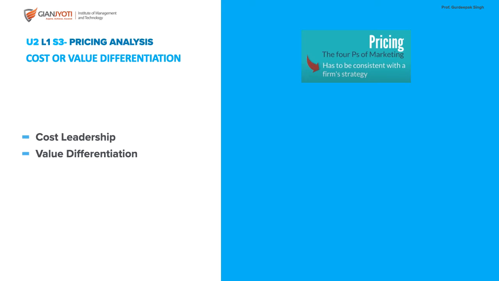Now, when we talk about cost or value, what is the strategy of the company? Whether we would like to be the cost leader or we would like to differentiate ourselves with value. So, as I said, you need to put your pricing consistent with the firm's strategy. Now, here we are going to talk about two strategies.